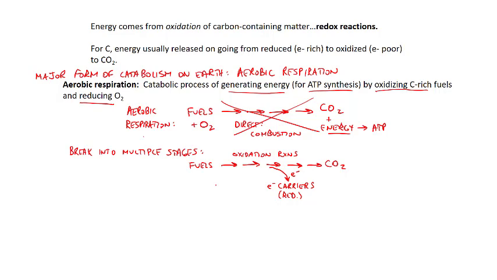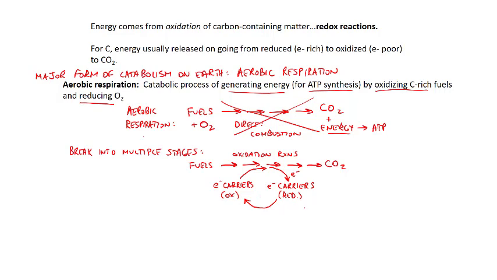Right? That means that we need oxidized electron carriers as a reactant. All right, so what we do is we oxidize our fuels, giving us CO2. We pass off electrons onto electron carriers, and then what?